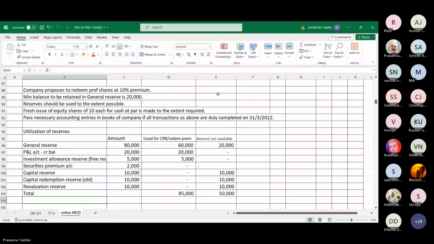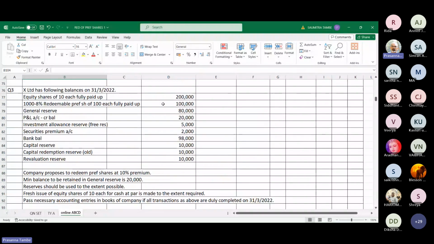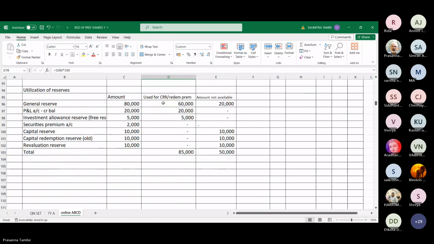Yes, sir. Okay. Now coming back to the original question, we have 1 lakh rupees. Out of 1 lakh plus 10% premium, we have to pay 110,000 rupees in all. So we will use this 85,000 for CRR and for redemption premium. We will use redemption premium 10,000 out of this.